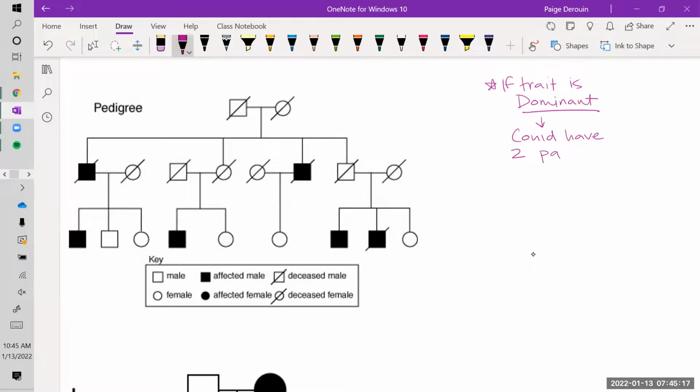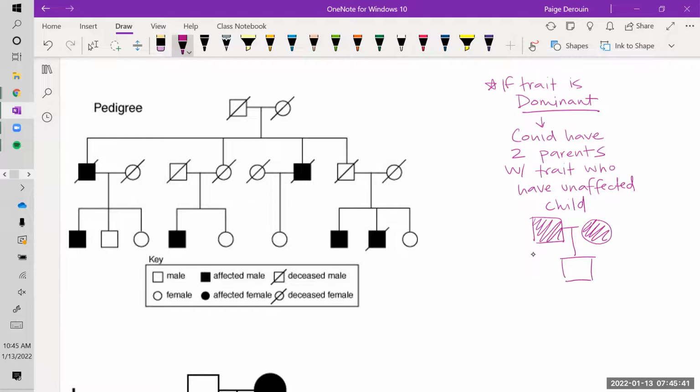2 parents with the trait who have an unaffected child. And what that would look like is square, married to circle. Both of them are colored in because they both have the trait. Their child is not colored in.